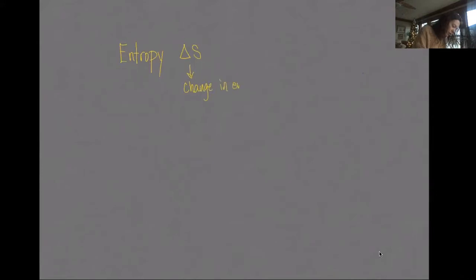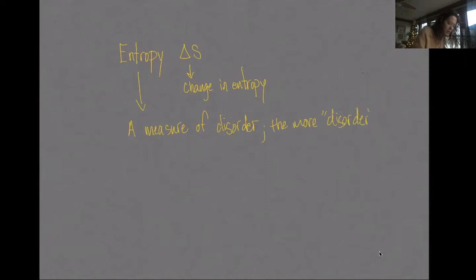That's what we will be concerned with. What is entropy? Entropy is a measure, and I'm going to keep this simple, of disorder. The more disorder, the more entropy. Okay?